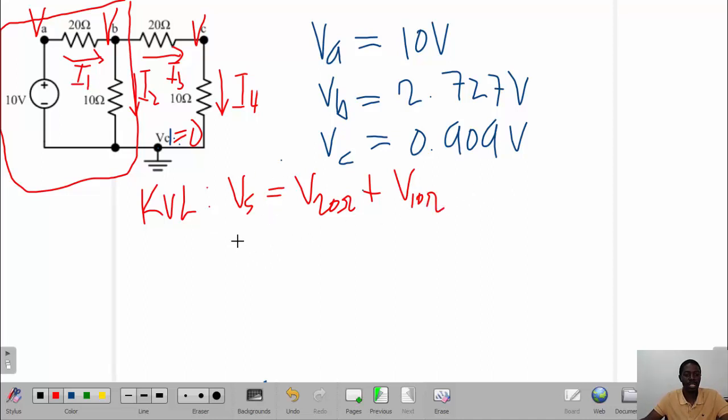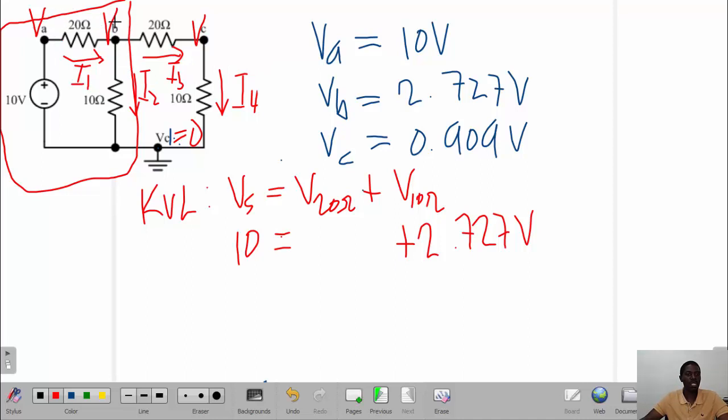We know this is 10 volts, and we know the voltage across the 10 ohm resistor is basically the voltage that we found as VB, 2.727 volts. But then we have to find the voltage across the 20 ohm resistor, which is between VA and VB, which is basically the potential difference.